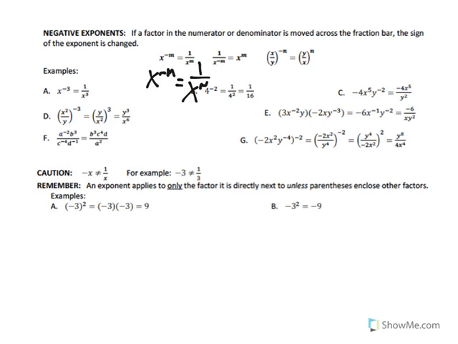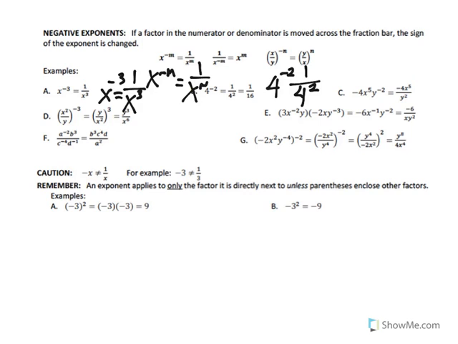So let's look at an example here. Let's say we have x to the negative third. If we want to make that exponent positive, we just put it under 1. Let's say we have 4 to the negative second power. We just put that 4 to the negative second under 1, and it becomes 4 squared.